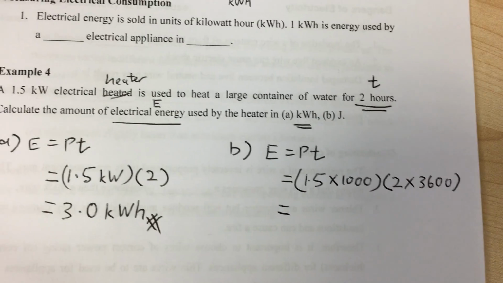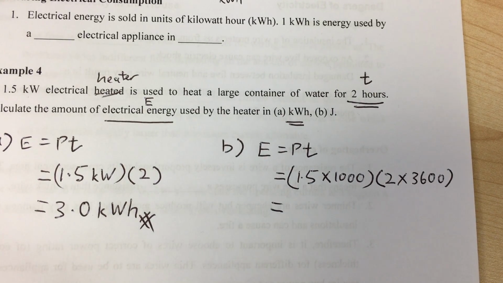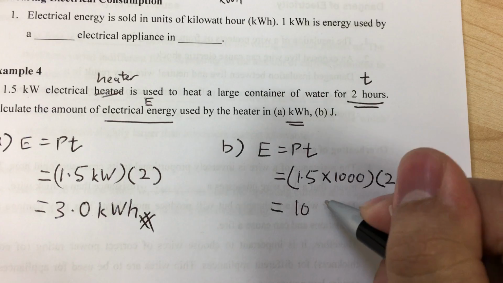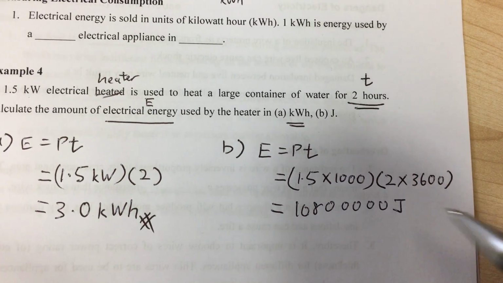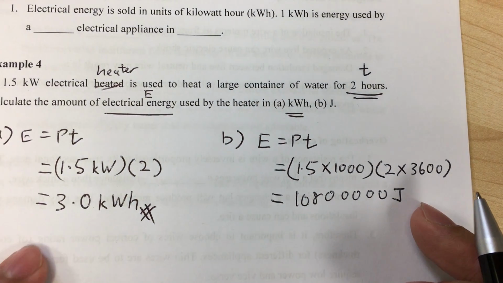You notice that this will give you a significantly bigger value than the kilowatt hours. It will give you this value, 1080.1234 joules.